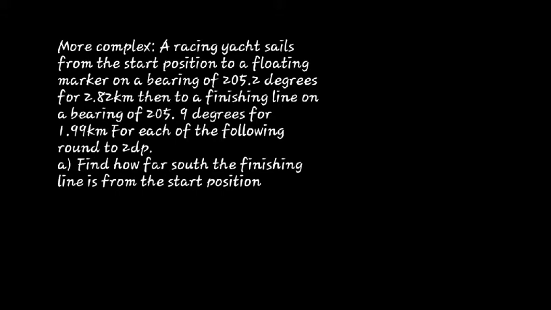So let's draw our start position, little rows, compass rows, and we're going 205.2 degrees. So 180 is straight down, so 205's out here. Let's change to green. We're going out this way, and we're going for 2.82 kilometres.